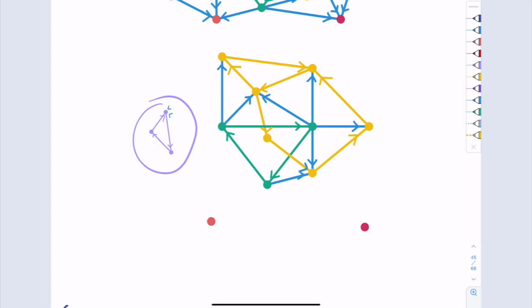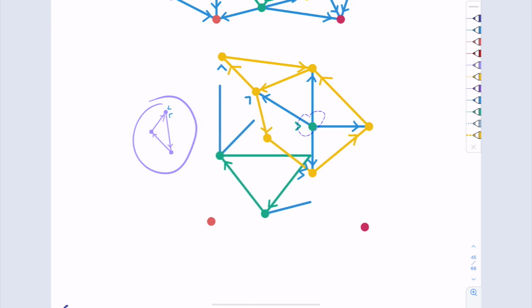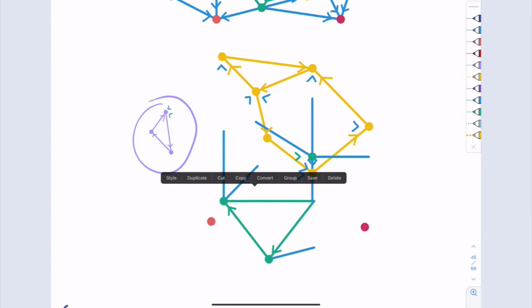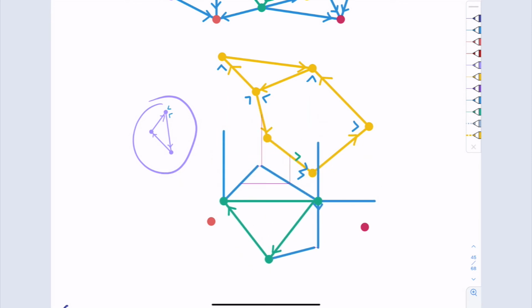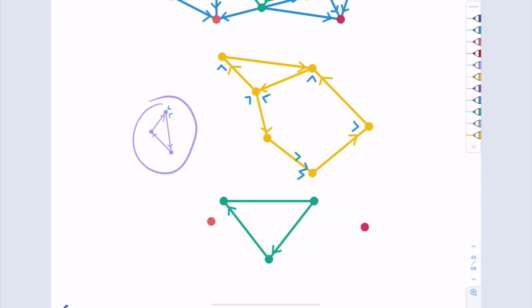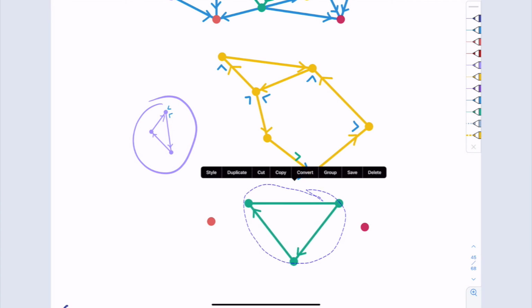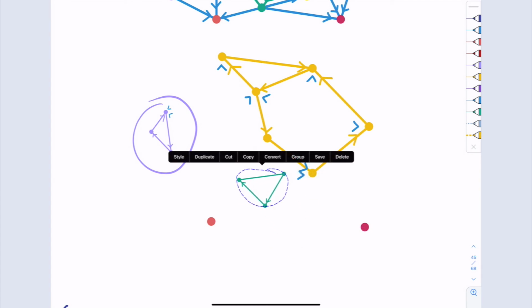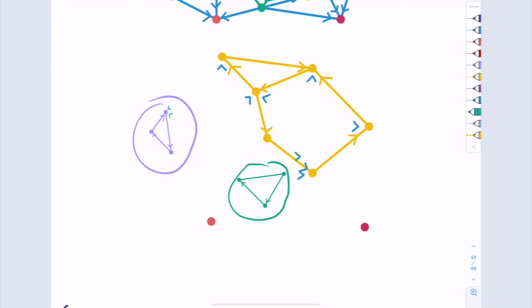Sorry. So I'll take this out. I should have taken it all the way out. I'm making a big mess. I want to think of this as a single vertex. So I'll shrink that. And lastly, I have this one.